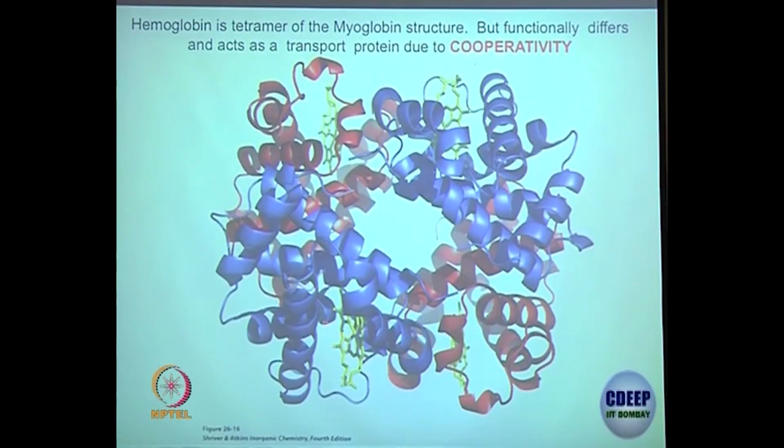The moment one oxygen binds in here, it pulls in or it passes the information, and this one knows that oxygen is available, and again it undergoes a high spin to low spin configuration change, oxygen comes and sits down. It happens here, it pulls in, again it is relayed.